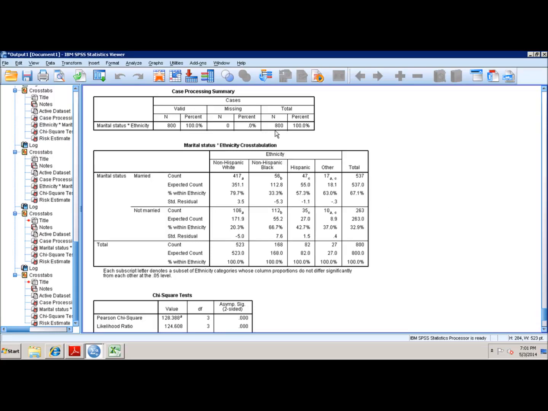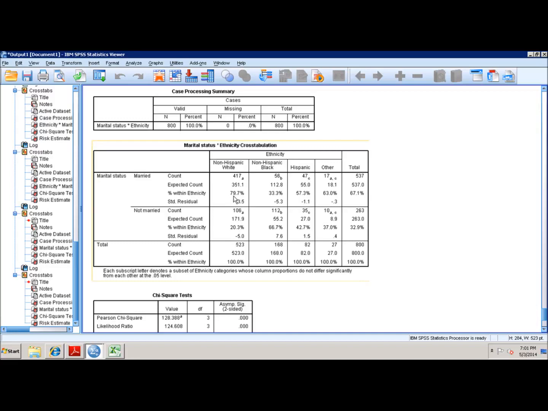So for example, let's go one by one. Non-Hispanic white versus non-Hispanic black. Do we see a matching subscript? We do not. We see an A here. We do not see an A here, which means that we reject the null and we conclude that the proportions are in fact different.